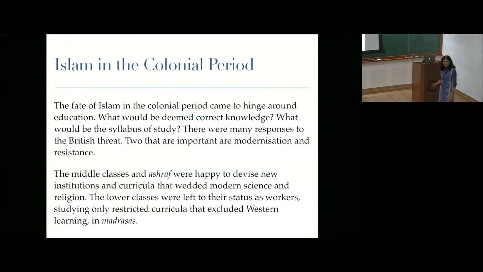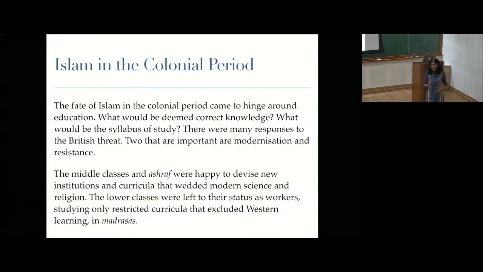So there's a new division that occurs in the colonial period, and that's between the Ashraf, the high classes, upper castes among the Muslims, who devise new institutions and curricula. Sayyid Ahmad Khan is a perfect example of this kind of person, and their leadership is very wonderful because they do manage to reflect on the actual problems being experienced by Muslims under colonialism and bring together, in a very rich synthesis, what they think is completely inviolable in the Islamic principles, but marry it to the science and European learning that they think Muslims should also pursue.